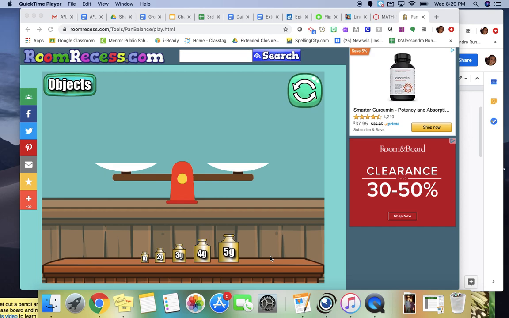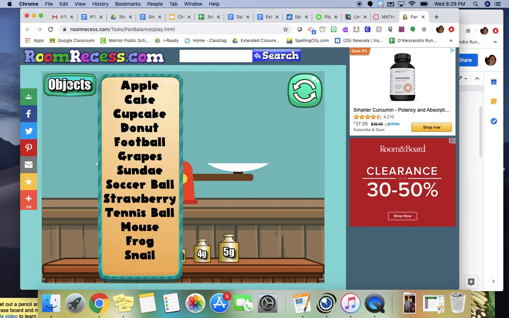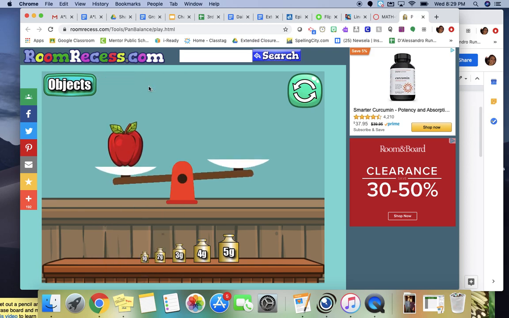Now, we are going to use this virtual balance scale to measure the weight of some objects. If you were to click on this button here, you would be given a list of choices. So I'm going to choose the apple, and it's going to go on one side of our balance scale. In real life, if you put an object on one side of a balance scale, just as it did here, it would go down because the weight pulls it down.